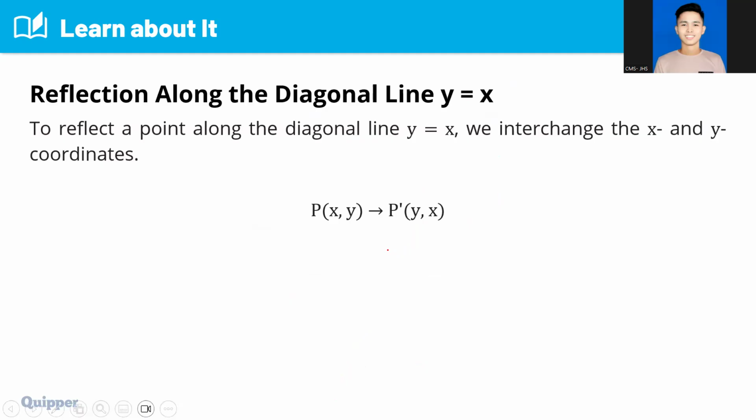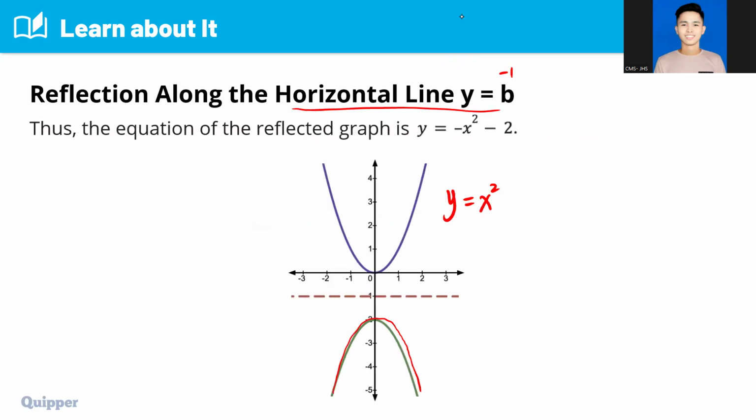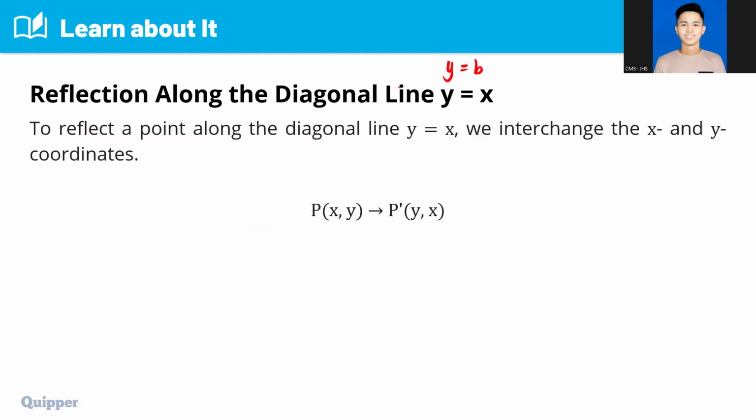Next, reflection along the diagonal line, y equals x. Y equals x is different from y equals b. If it's y equals b, we are reflecting along the horizontal line. In this case, diagonal line, y equals x. Clear? It's different. So how do we reflect in this case?